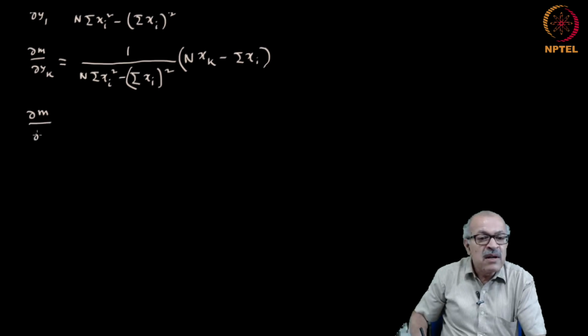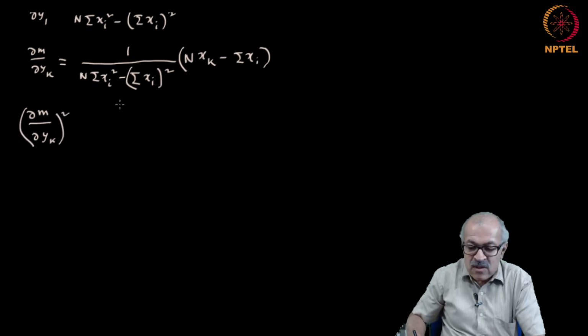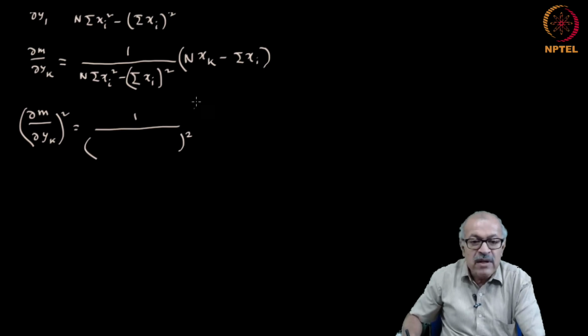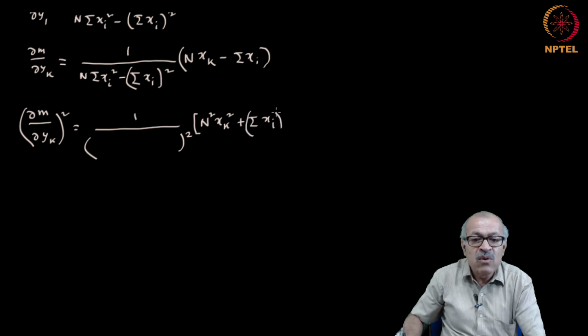So, delta m by delta y k, its square, is 1 by the denominator term squared, and in the numerator, let me write here, n square x k square plus sigma xi whole square minus twice n x k sigma xi, right.